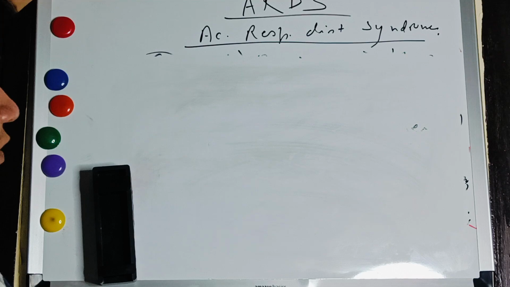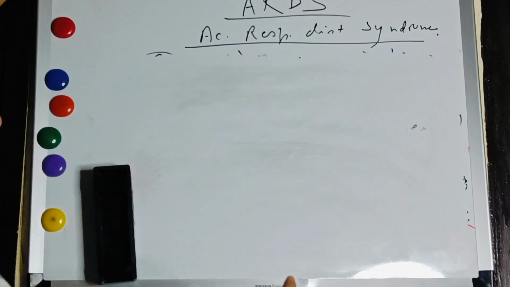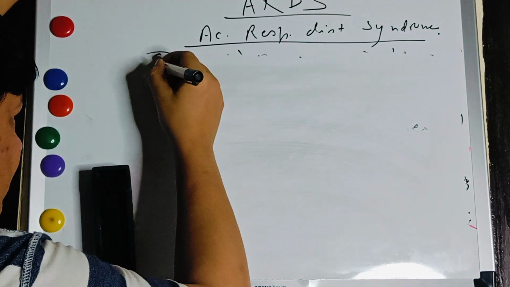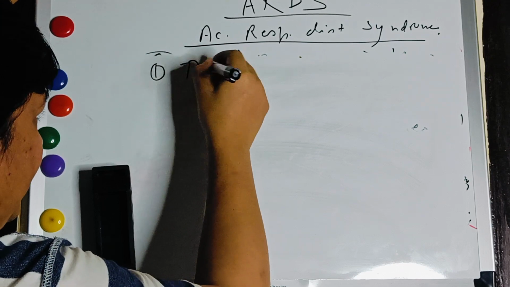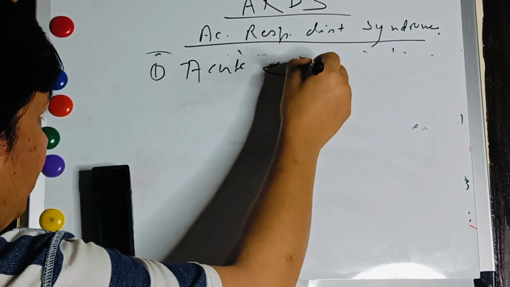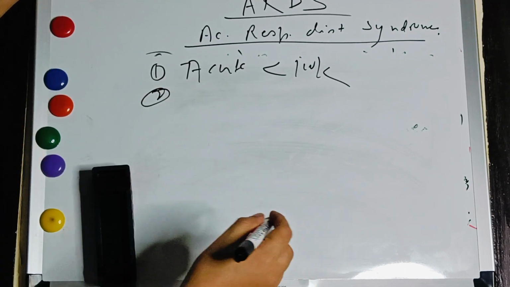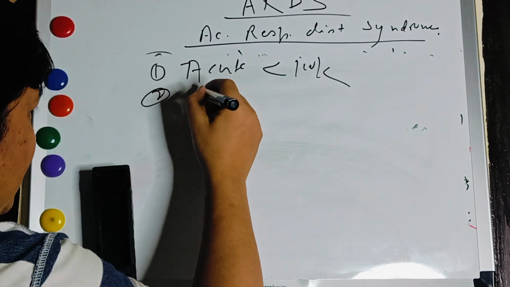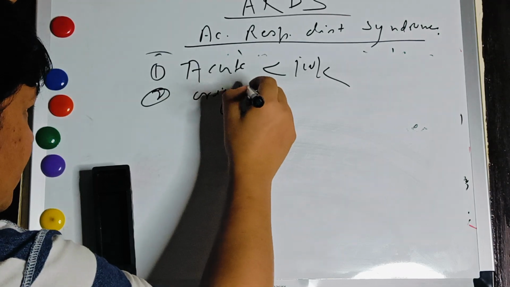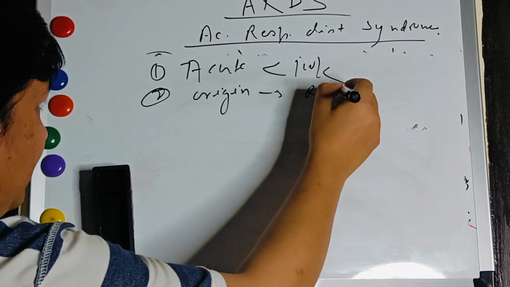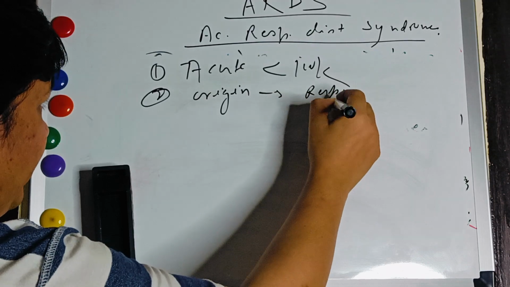So it is very important to learn the criteria to decide ARDS. Let's repeat. First is timing, acute, within 1 week of insult. Second is the origin of the edema, which should be respiratory. There should not be any evidence of heart failure.